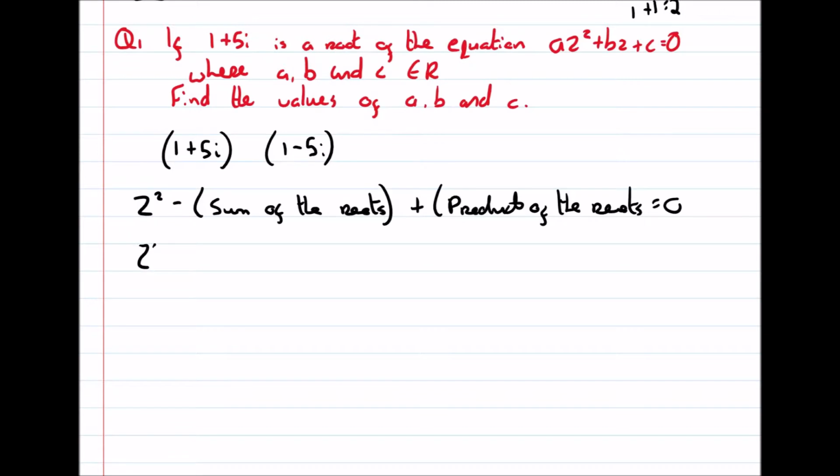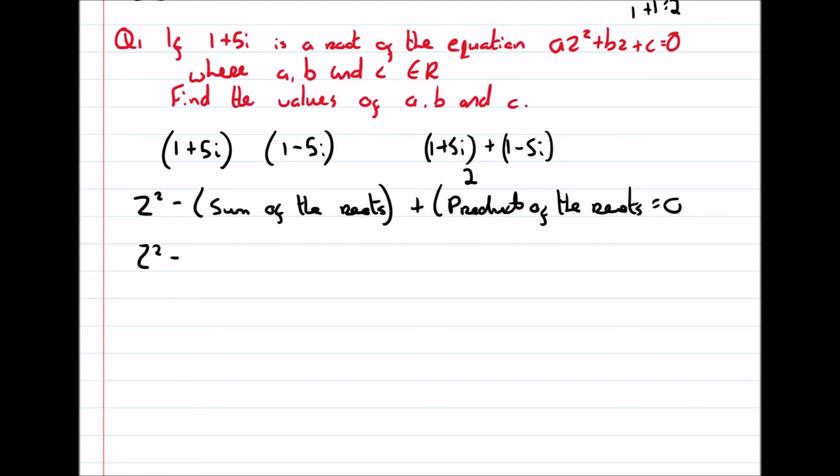Okay, so z squared minus the sum of the roots. Let's do it over here. 1 plus 5i plus 1 minus 5i, and that is 2.